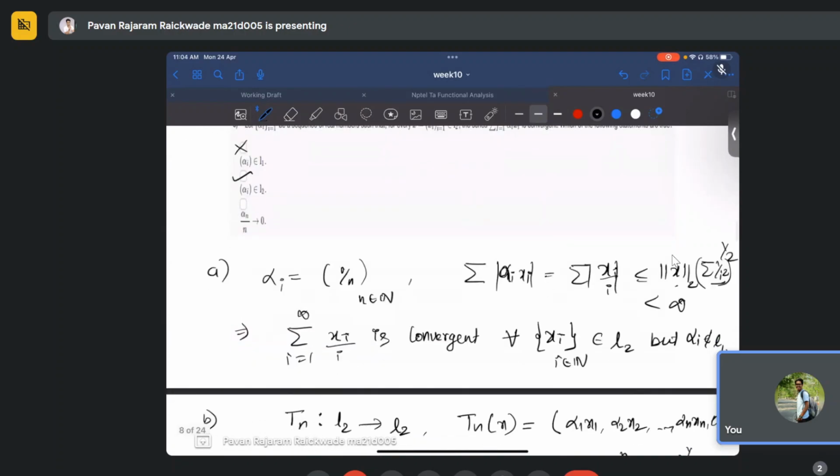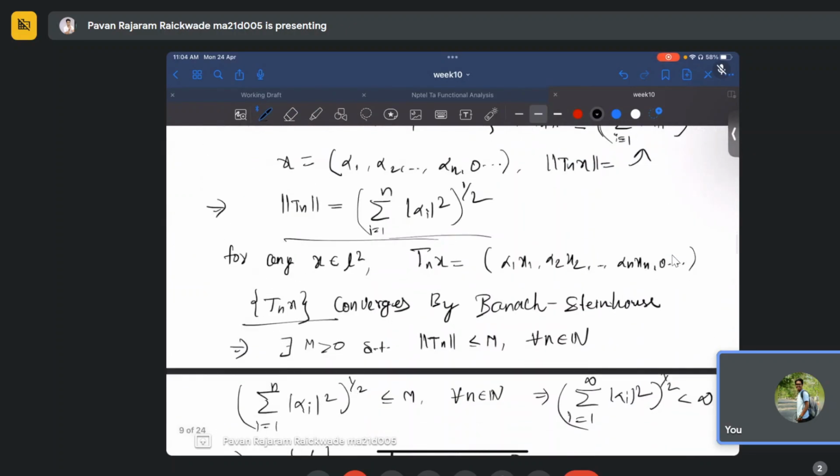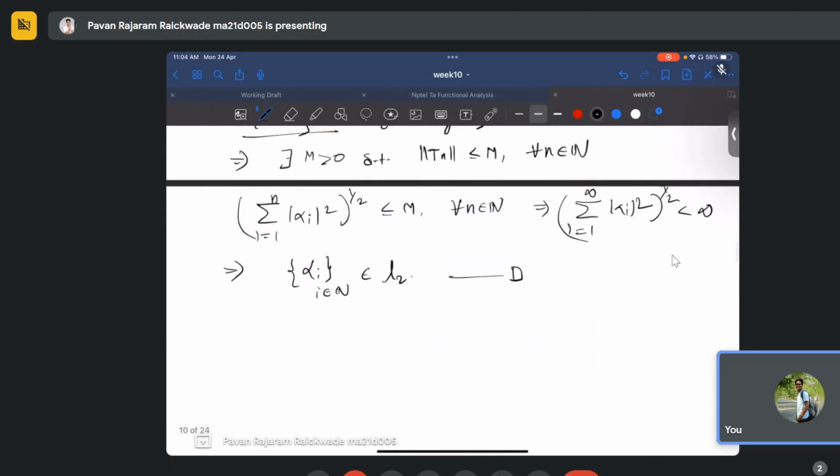Okay. So this alpha i is in L2. So let's see the third option, which asks whether alpha n by n converges to 0. But from the second option, we know that alpha n belongs to L2. And now if we just consider alpha i by i, we know this is less than or equal to the summation of mod alpha i squared raised to 1 by 2 into the summation of 1 by i squared raised to 1 by 2.